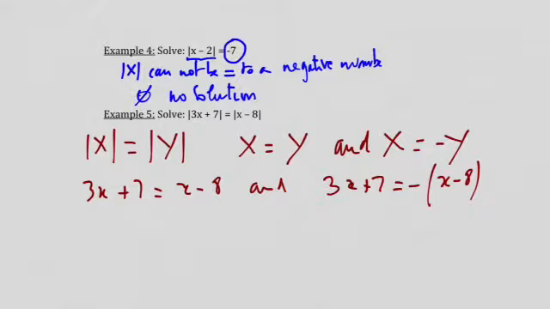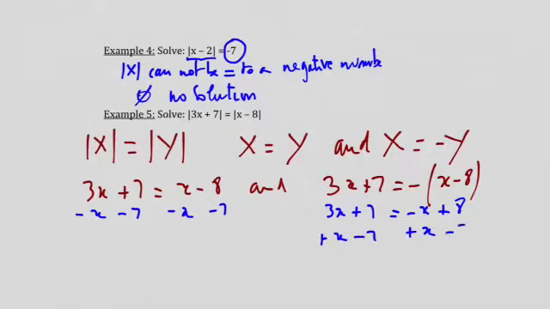And now you need to solve this by subtracting x both sides and subtracting 7 both sides, and for the other one, you are going to have 3x plus 7 equal negative x plus 8. So I need to add x both sides, and I need to subtract 7 both sides. By doing so, what is happening?